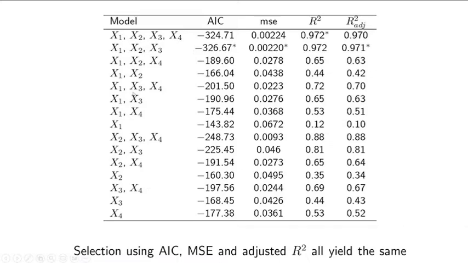Now, let's first do this. How many do we have here? Let's do the count: 1, 2, 3, 4, 5, 6, 7, 8, 9, 10, 11, 12, 13, 14, 15. Now, don't forget 2 raised to power. The number of predictors initially is 4, right?